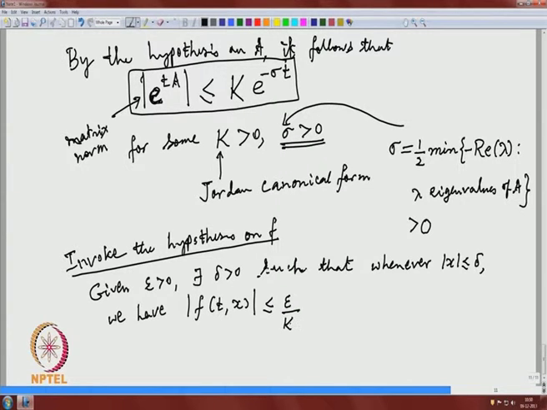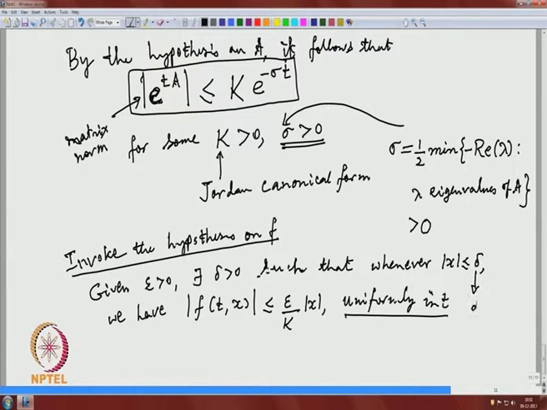This is for a technical reason, since k I am already using. This means, again as I said earlier, this delta does not depend on t.